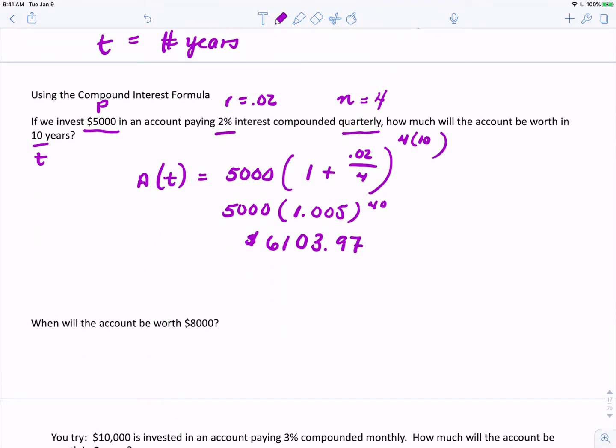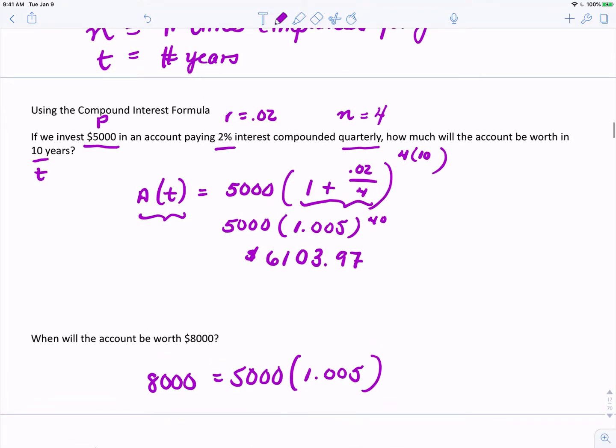When will the account be worth $8,000? So we want the final amount to be equal to 8,000. So we would have 8,000 is equal to our initial amount. Notice that nothing in here changes, so that would still be 1.005 raised to the, but now in this case, we don't know what T is.